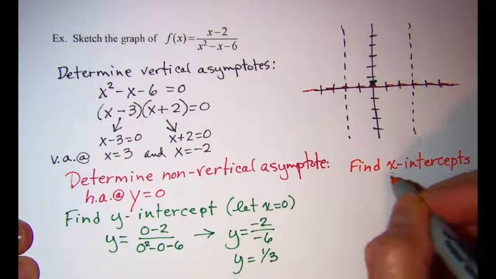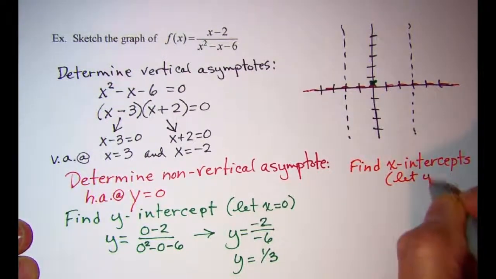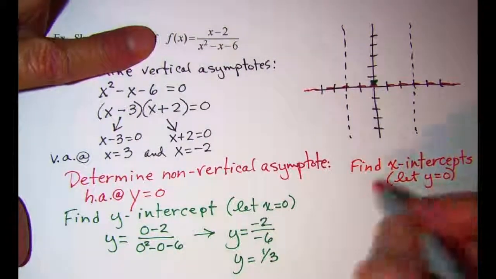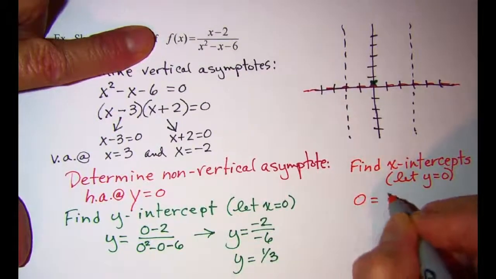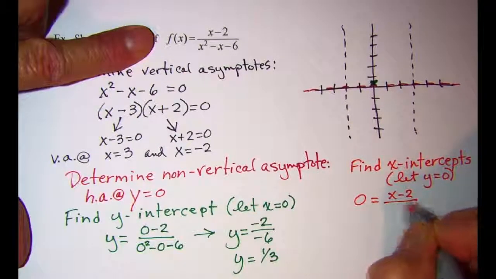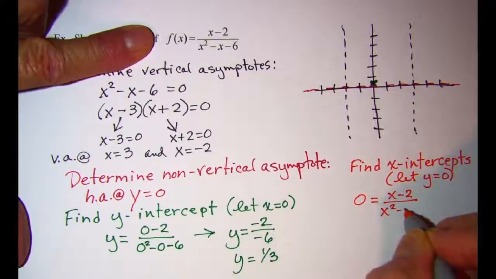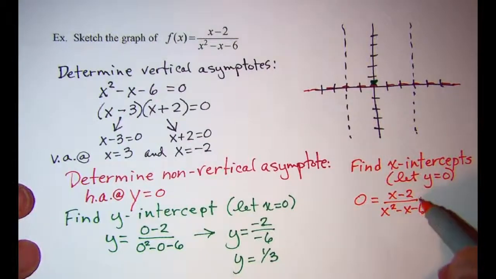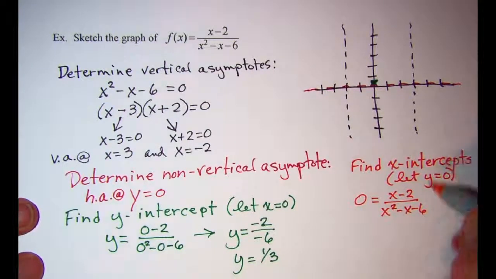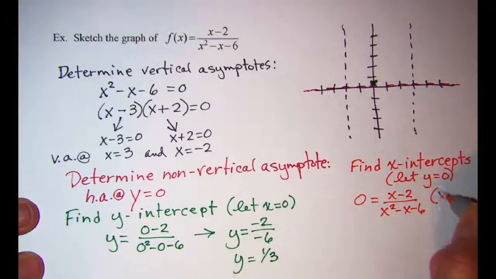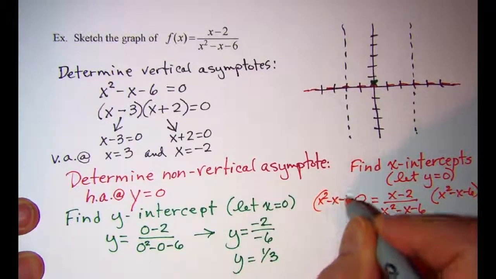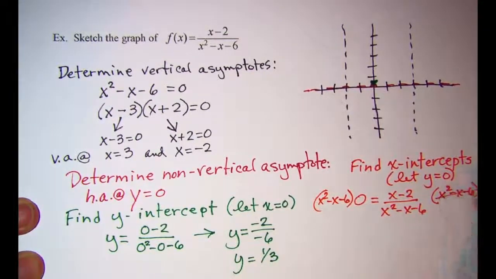Next, let's find our x-intercepts, by letting y be 0. So we have 0 equals x minus 2 over x squared minus x minus 6. We can multiply both sides by x squared minus x minus 6, and these will cancel.